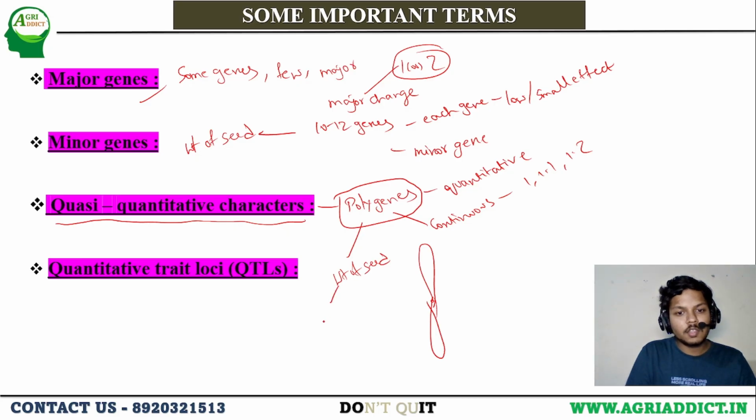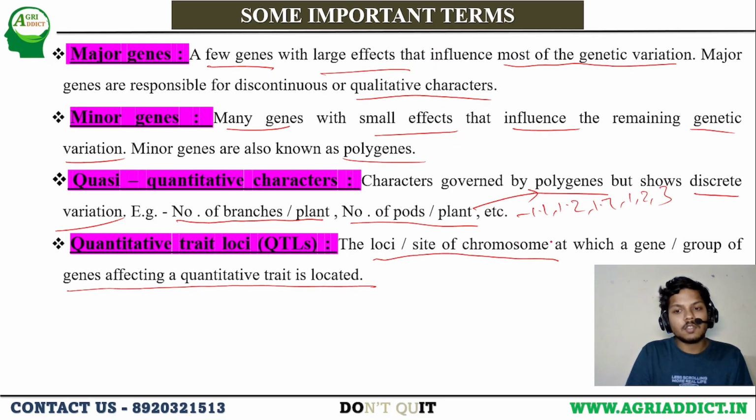If the weight of the seed is governed by 10 genes, these 10 genes are present in this loci. Then this loci we call QTL, quantitative trait loci. Means the position or the locus in which the genes which control quantitative characters are present. We call it QTL. Understood?